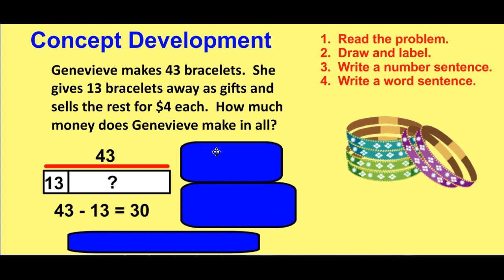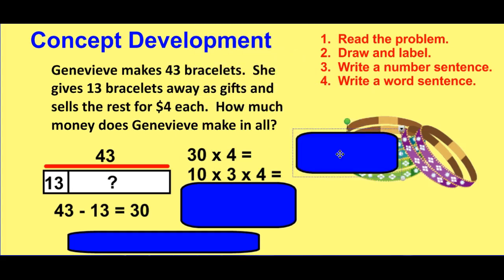But I do want to know what equation can we solve to find out how much money does she make in all. She's got 30 bracelets left, and each bracelet costs $4. What equation can we use to solve this? I want you to write that on your board and push play whenever you're ready to check it.